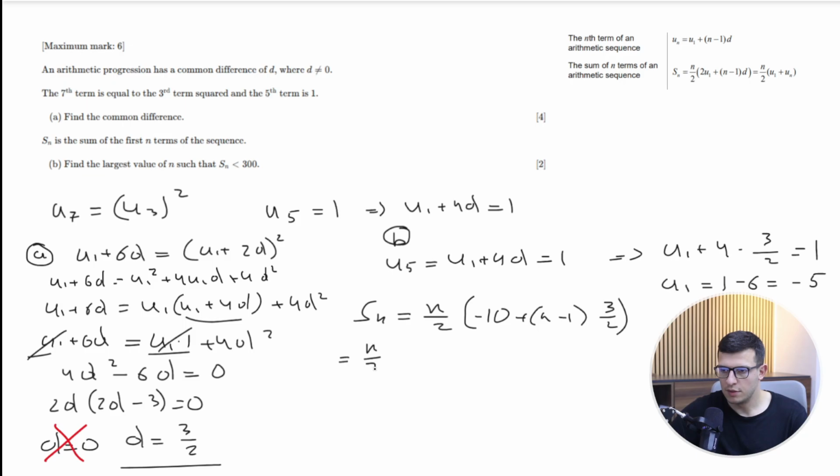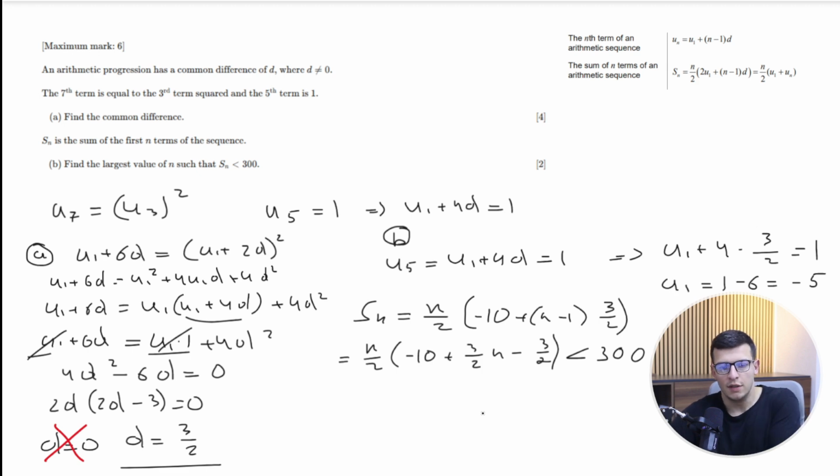I'm going to keep the n over 2 times (negative 10 plus 3 over 2 n minus 3 over 2). Okay? Now, at this point, we know that this sum needs to be less than 300. So we can go two ways.